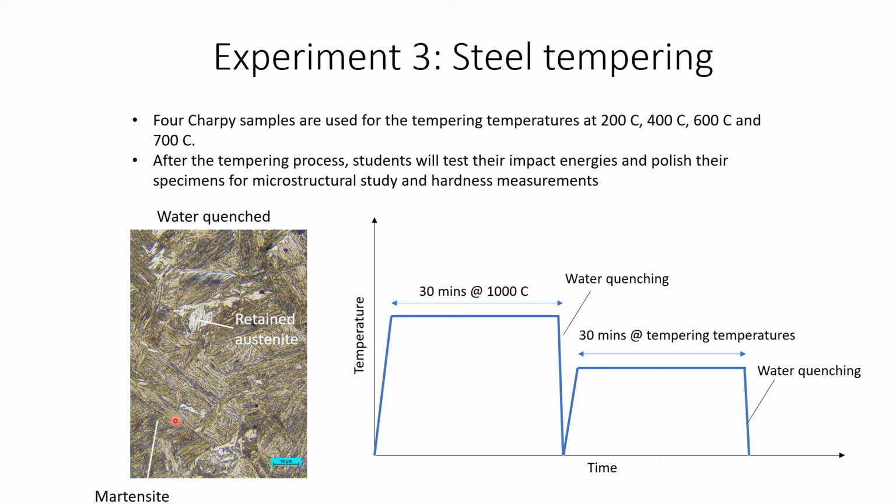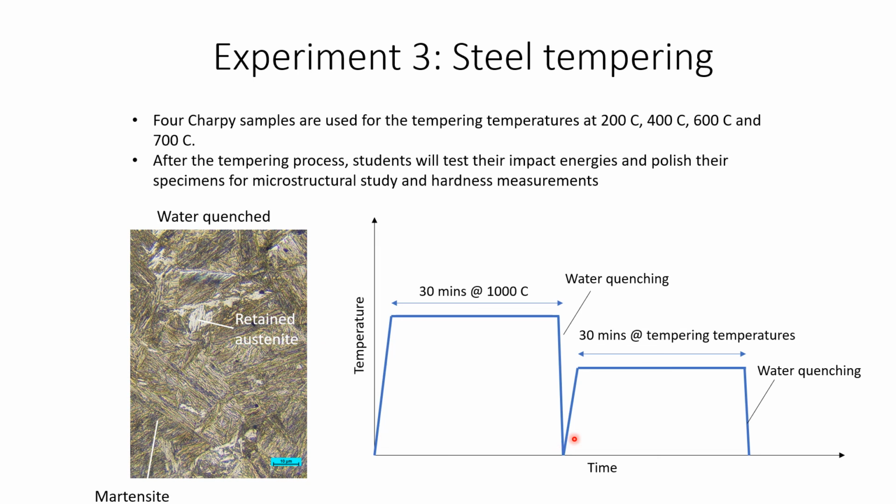So in this experiment, we're going to study the tempering process at different temperatures. Here is the tempering profile of the temperatures we're going to use. You're going to have 4 Charpy samples. At first, you're going to heat them up to 1000 C for 30 minutes. Then you will perform the first water quench, which will give a microstructure that looks like this.